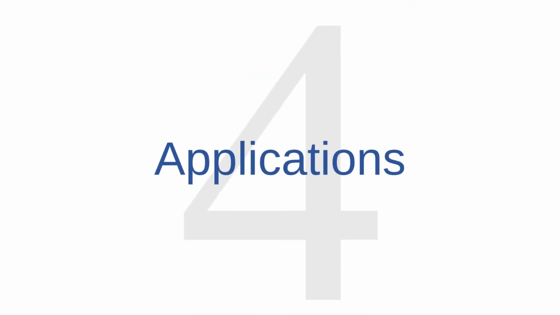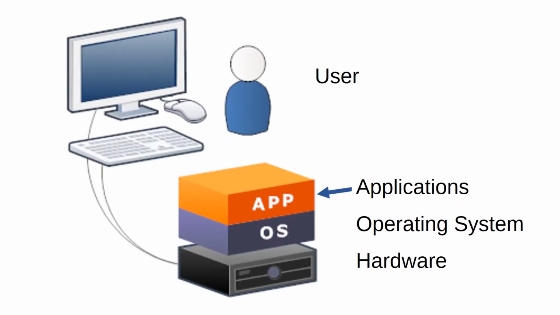The fourth and final layer that we're going to discuss in this lecture is the layer of computer applications. Applications are programs that are designed to perform specific tasks for the user. For example, most operating systems come with a calculator application that's pre-installed. Your web browser, such as Firefox, Chrome, or Safari, is another example of an application.